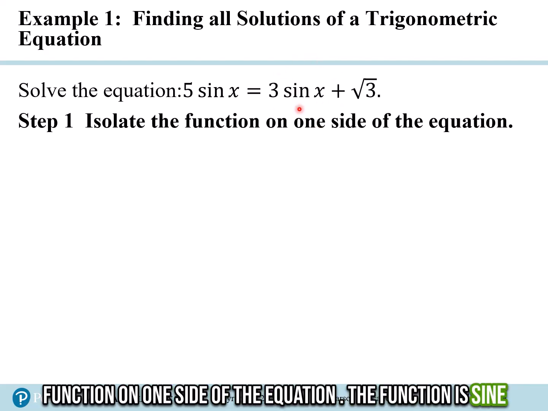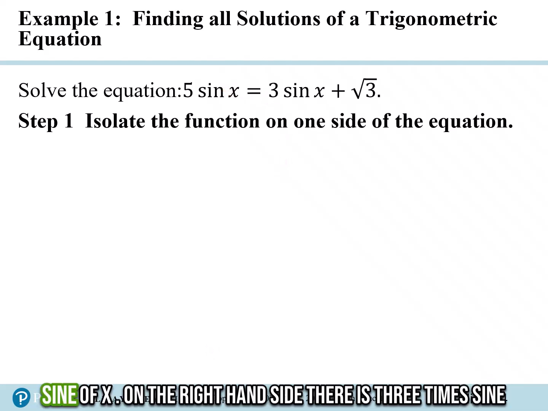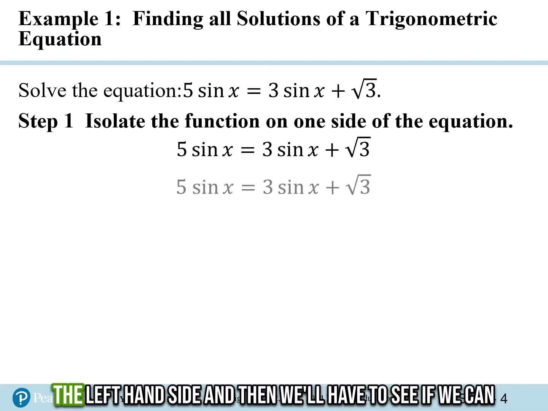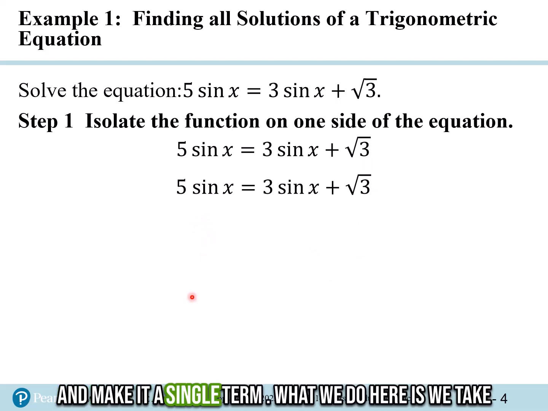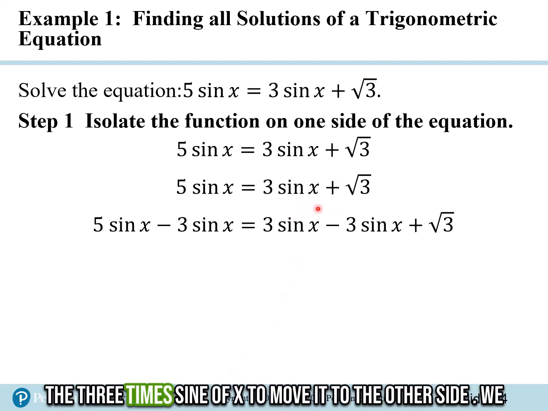The function is sine x, and we see on the left hand side there is 5 times sine of x. On the right hand side there's 3 times sine of x. We'll need to move the 3 times sine of x over to the left hand side, and then we'll have to see if we can combine that and make it a single term. What we do here is we take the 3 times sine of x.